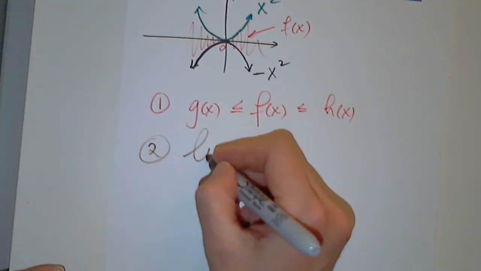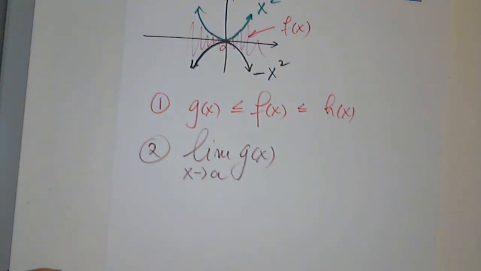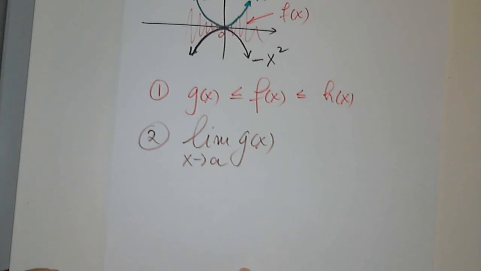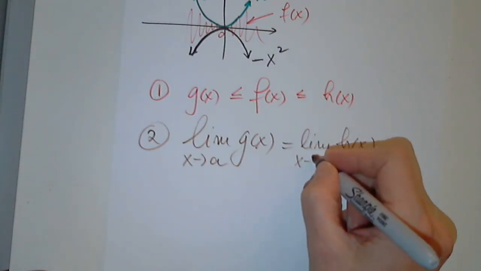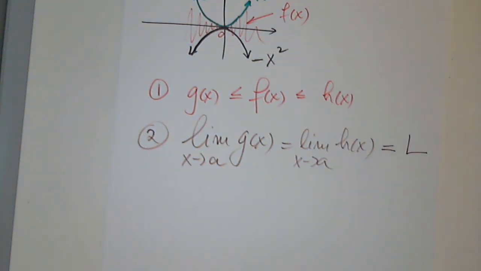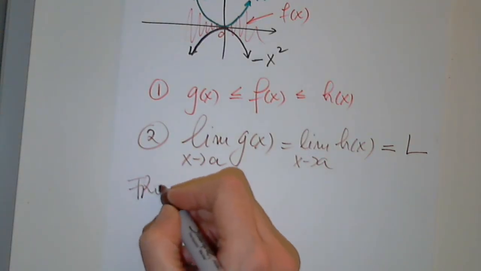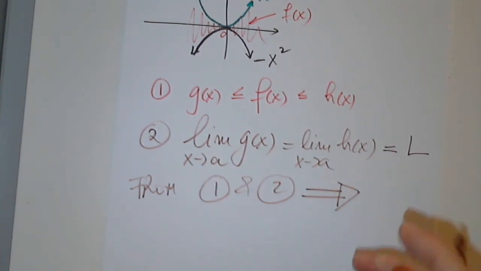I have to convince you that the limit of g of x equals the limit of h of x, and they equal, let's say, L. Both functions have a limit as x approaches a from either side. Furthermore, both limits are the same number. And then I will say, from 1 and 2, what do I conclude?